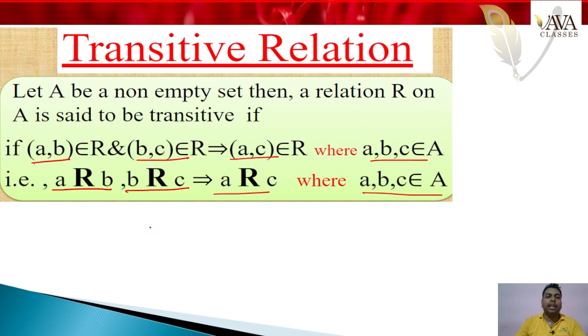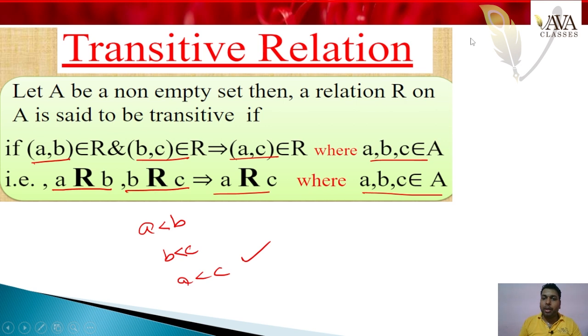In a real life example, we have discussed: if a is a friend of b, b is a friend of c; or you can say that if a is less than b, b is less than c, then a is less than c. That is, the less than relation is a transitive relation.